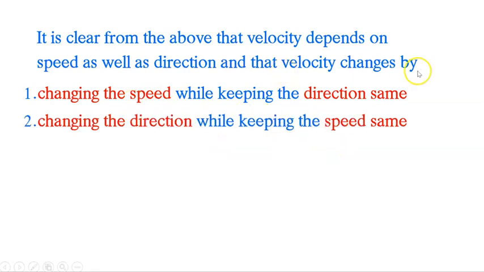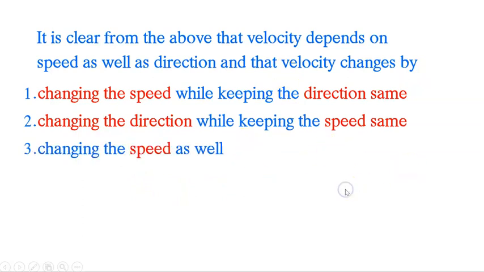Second, by changing the direction while keeping the speed the same. And third, by changing both speed as well as direction. Therefore, velocity changes by changing the speed while keeping the direction same, changing the direction while keeping speed same, and the last, changing speed as well as direction. दोन्हीचे बदल केले तर velocity मध्ये देखील बदल होणार आहे.